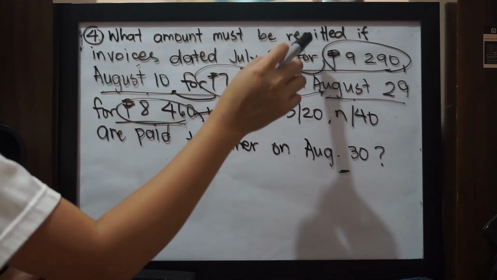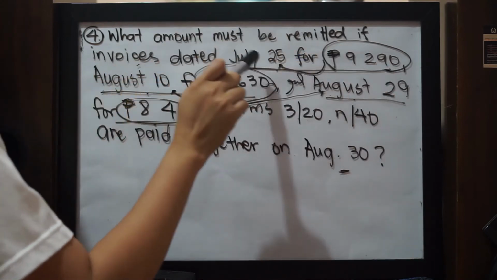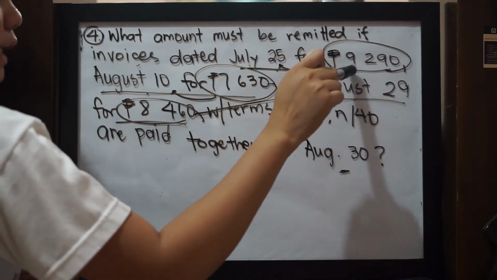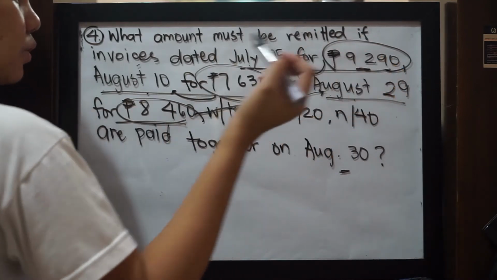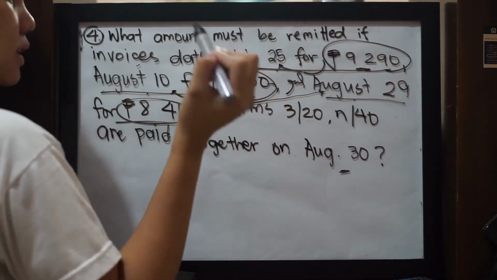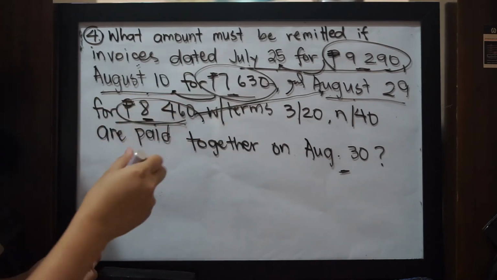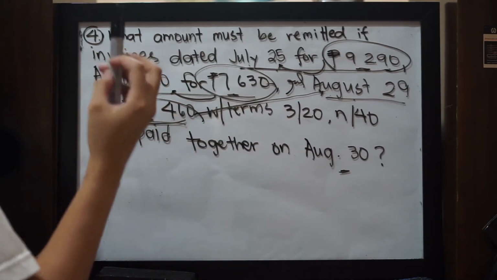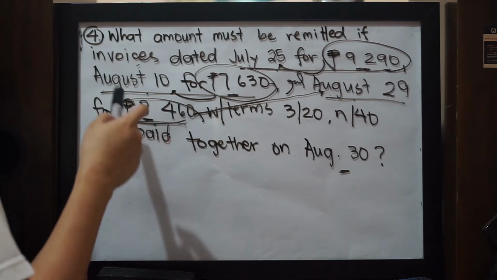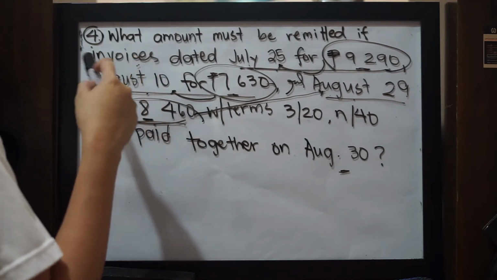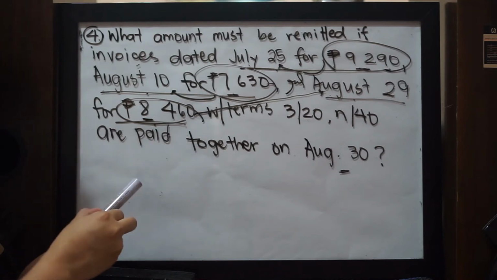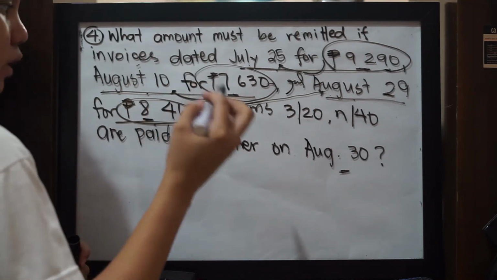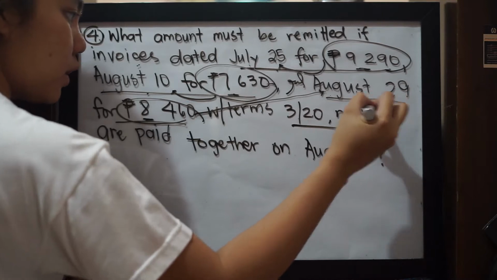Kasi, ang sabi, if invoices dated July 25 for 9,290, meaning to say, this 9,290, 7,630, and 8,460 is the amount written in your receipt or in the invoice. So, ibig sabihin, sila ay net price. And then, obviously, this is our terms.